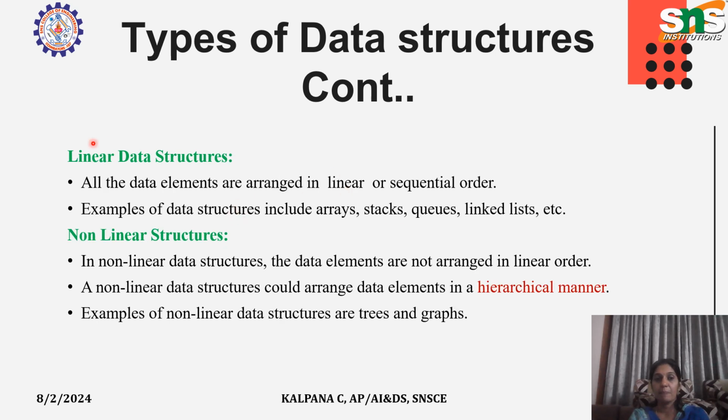The next type is linear data structures. The name itself implies that all the data elements are arranged in linear, that is, one after another, sequential order. Examples are array, stack, queue, list: we arrange data one after another in a sequential manner.